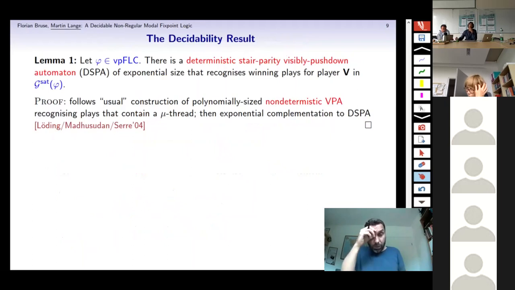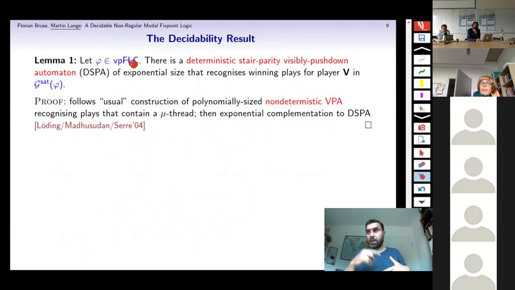Okay, so why does this work? The first thing to observe is Lemma 1, which says that if we take a formula from this fragment, then the plays in the satisfiability game on this formula which are won by player verifier are recognizable by a deterministic stair parity visibly pushdown automaton.